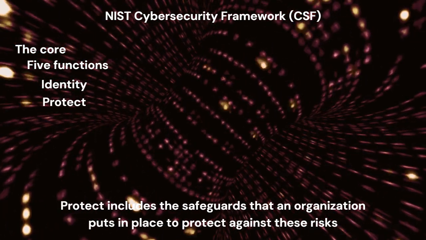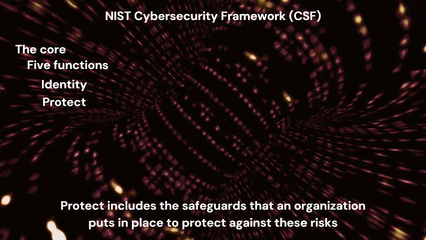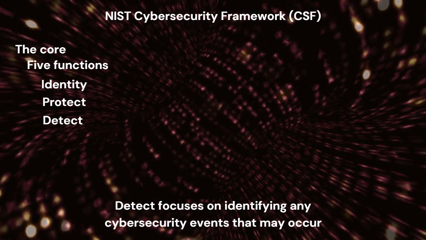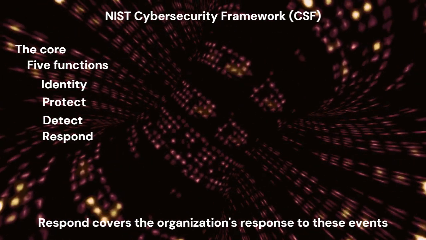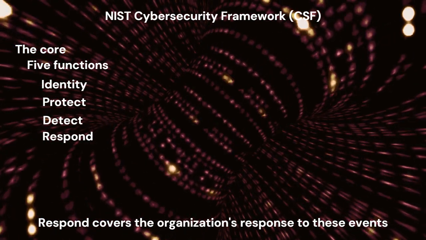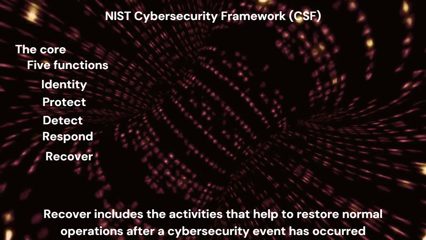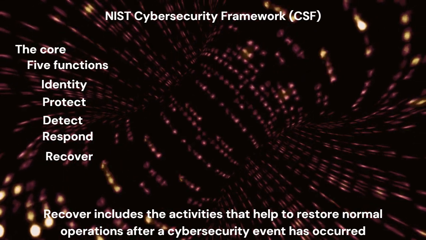Protect includes the safeguards that an organization puts in place to protect against these risks. Detect focuses on identifying any cybersecurity events that may occur. Respond covers the organization's response to these events. Recover includes the activities that help to restore normal operations after a cybersecurity event has occurred.